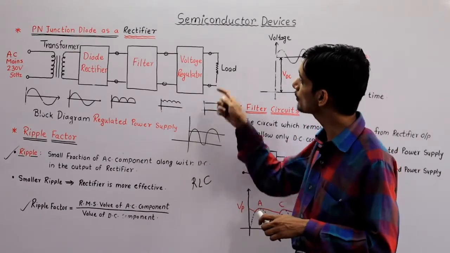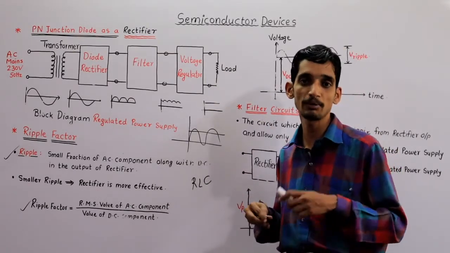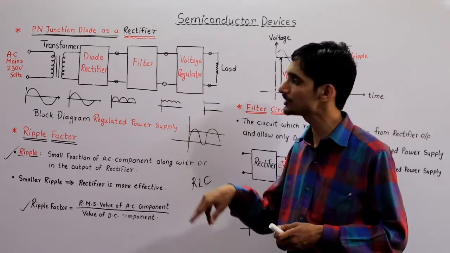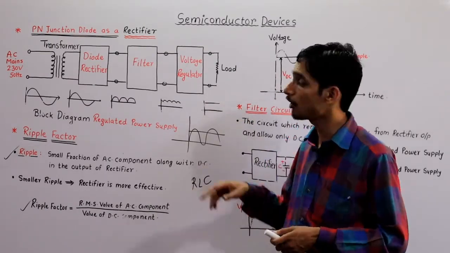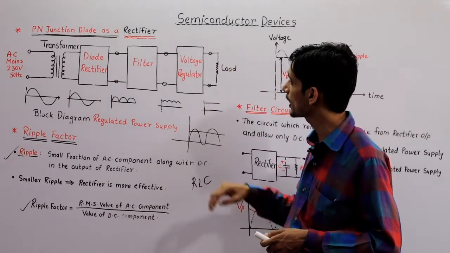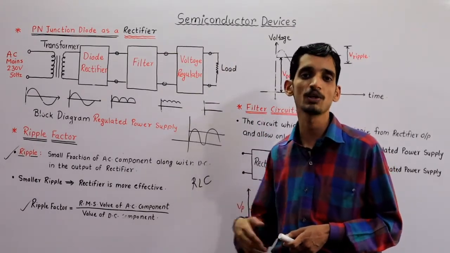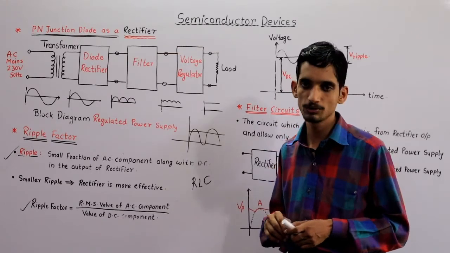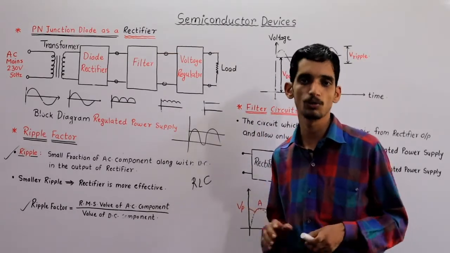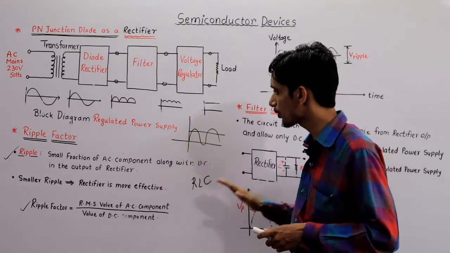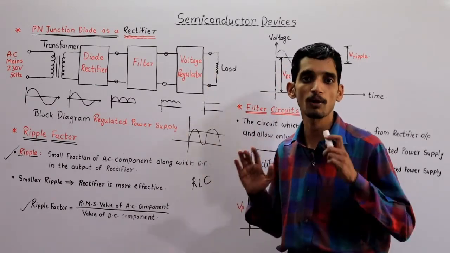If the output of the power supply remains constant despite a change in load, then it is called a regulated power supply. If the output changes with a change in load, it is an unregulated power supply. So there should not be any change in the output even though you change the load. These are all important facts about the regulated power supply.